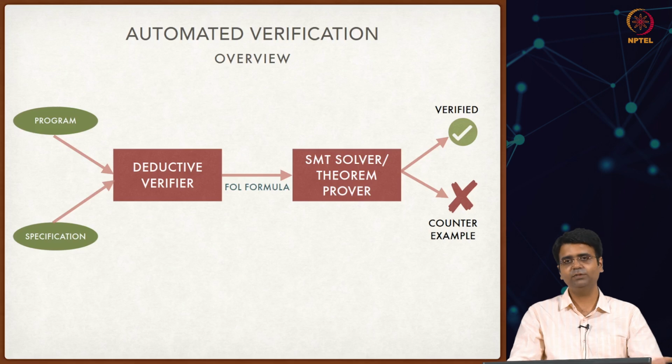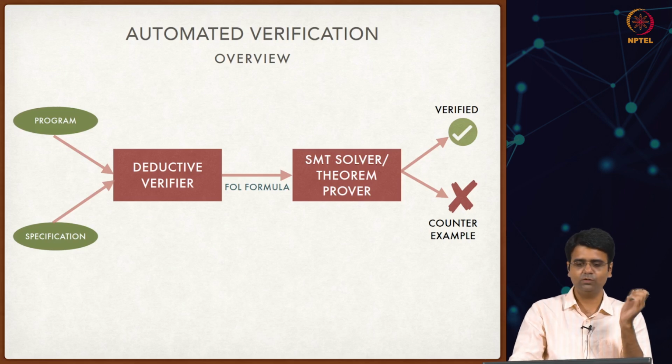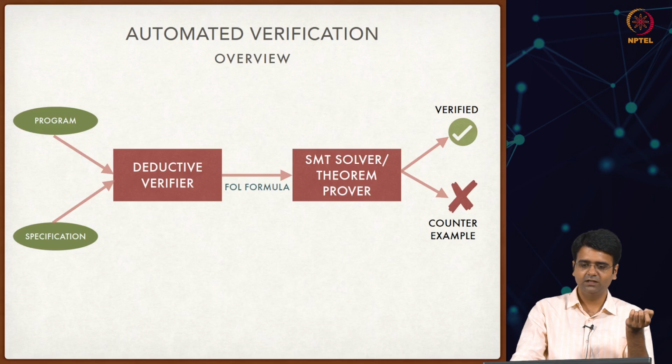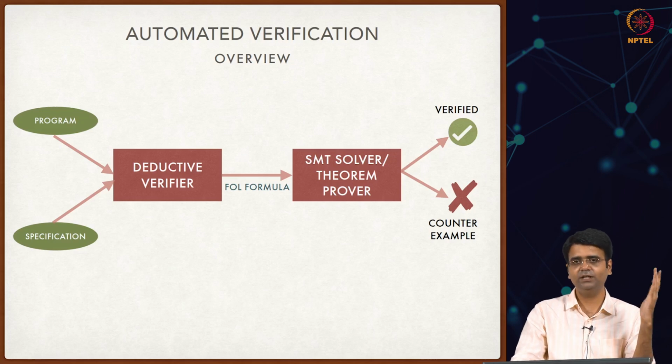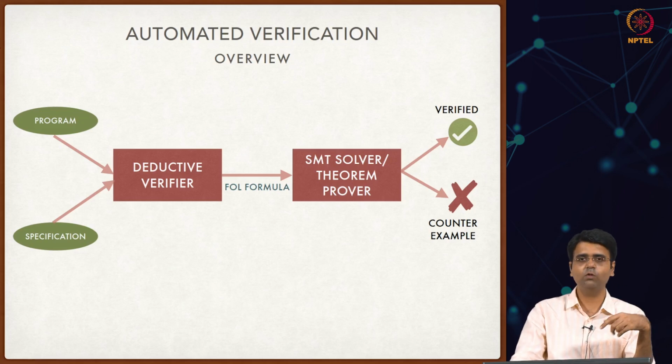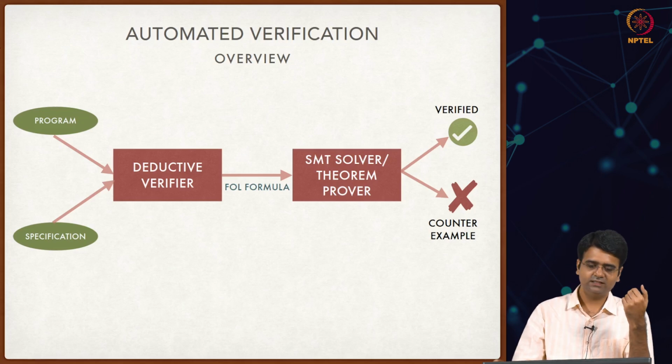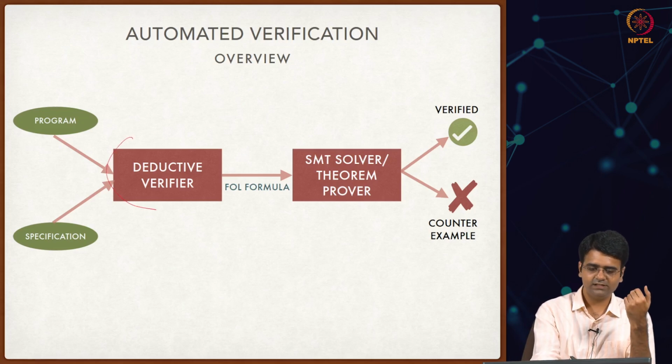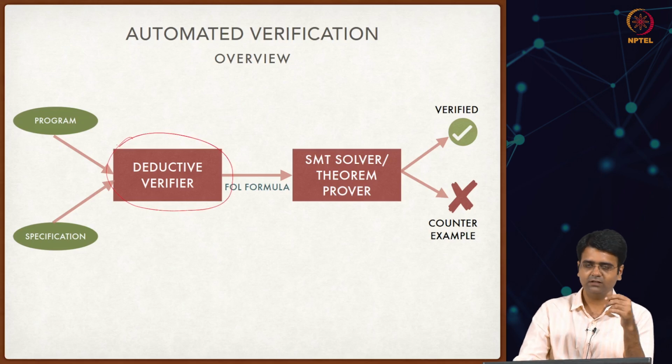This is a very simple diagram which illustrates how deductive verification works. The idea is quite simple. Given a program and the specification, as I had mentioned at the very beginning of this course, a program by itself does not have a meaning, since you don't know what that program is written for. So you also need a specification, which is the correctness property that you want to check for a given program. There is a tool called a deductive verifier, and we will see in this module what it looks like.